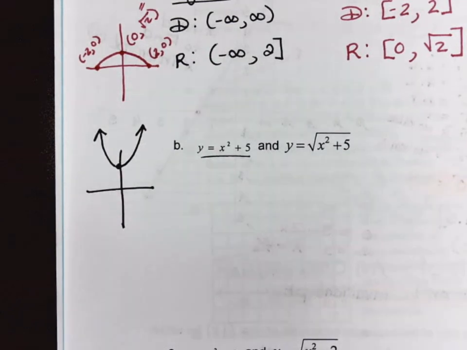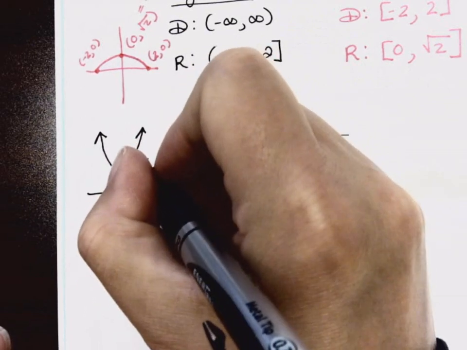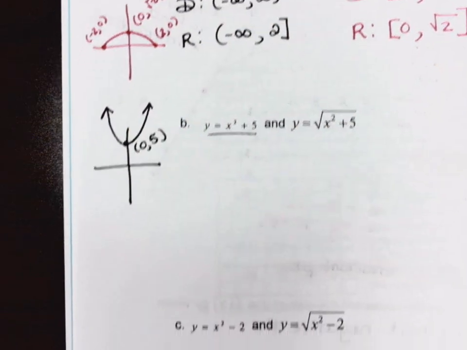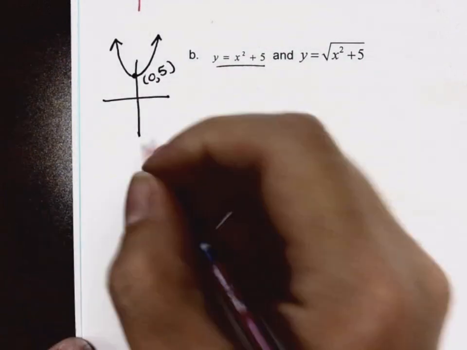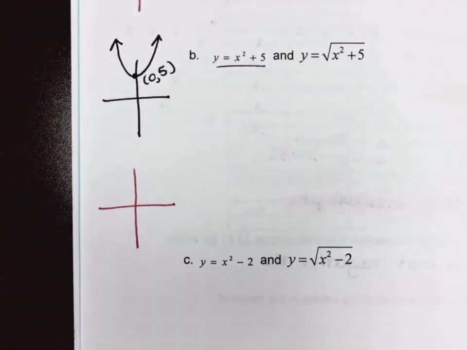No. So this entire graph is fair game to be rooted because all the y values are positive. This point here was (0, 5). So when I do my square root graph, where does that point move to?